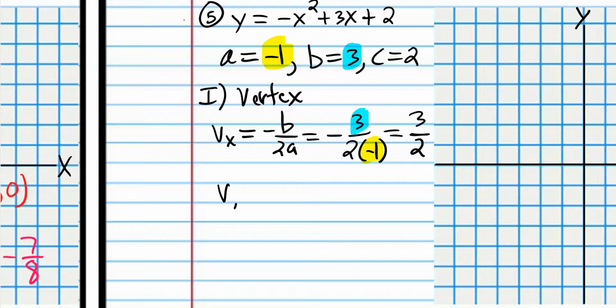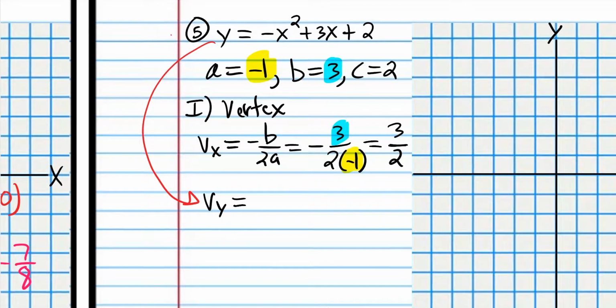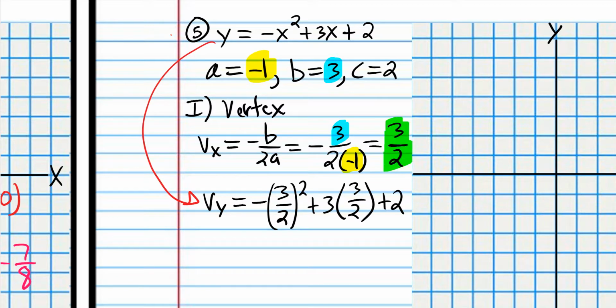Okay, so now we're going to plug in 3/2 to the original equation. So we have negative 3/2 squared plus 3 times 3/2 plus 2. And just to be clear, I got that 3/2 from there.